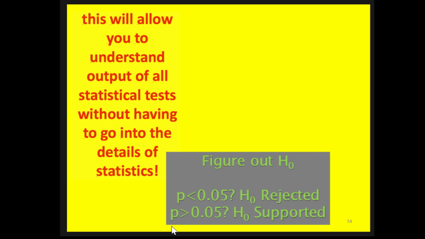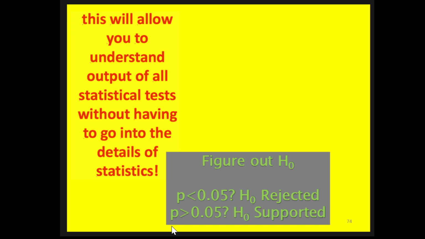Okay. And this will actually help you out in the sense that there is basically only one thing to do. If you see any kind of statistical test, try to figure out what H0 is that is being tested. There is an H0 that belongs to the test. You cannot come up with one of your own. And if you can figure that out, then, okay, that's being tested.